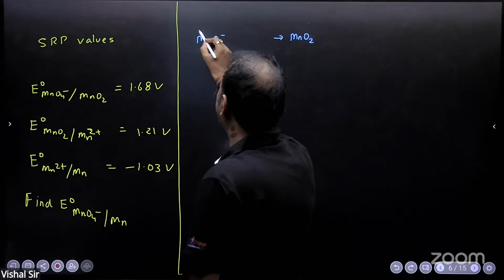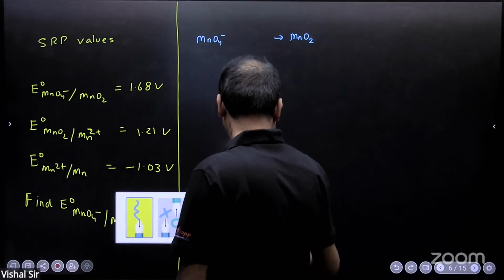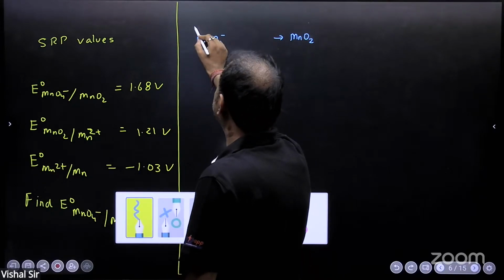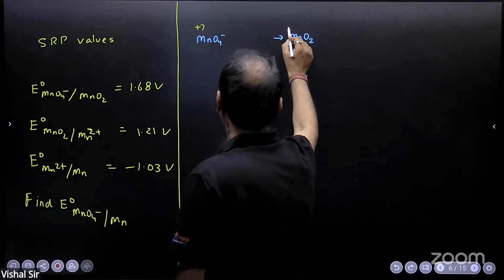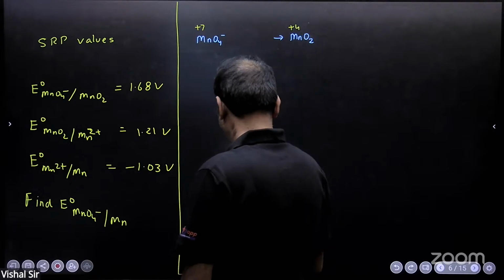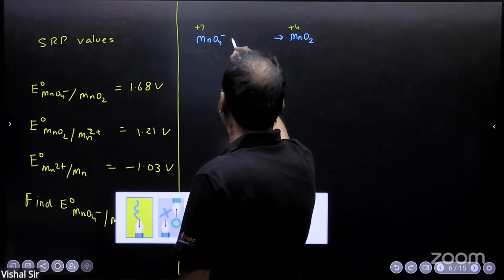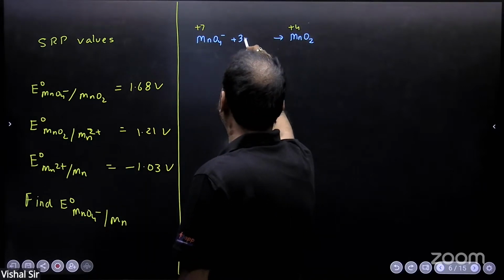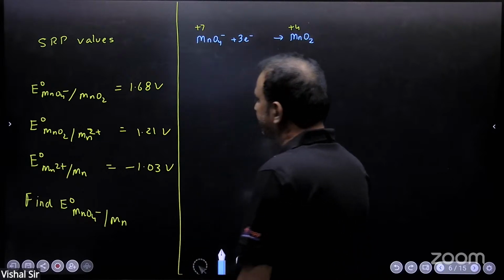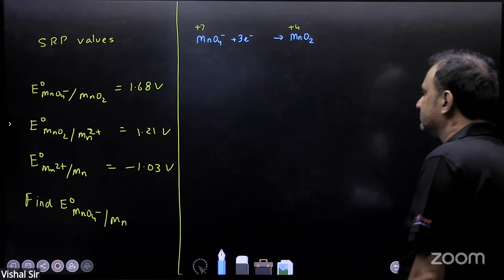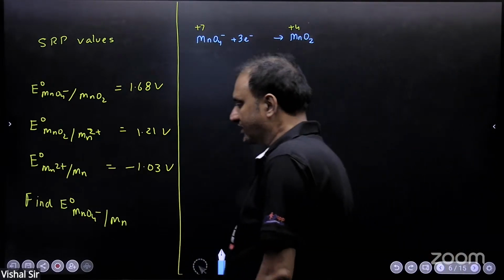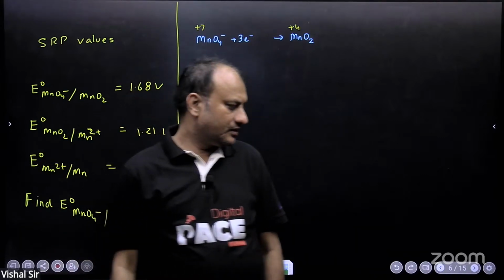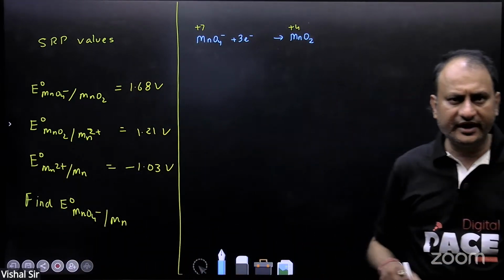Plus 7. And here it is plus 4. So decrease by 3. So I will definitely have to add 3 electrons. Acidic medium, let's take.